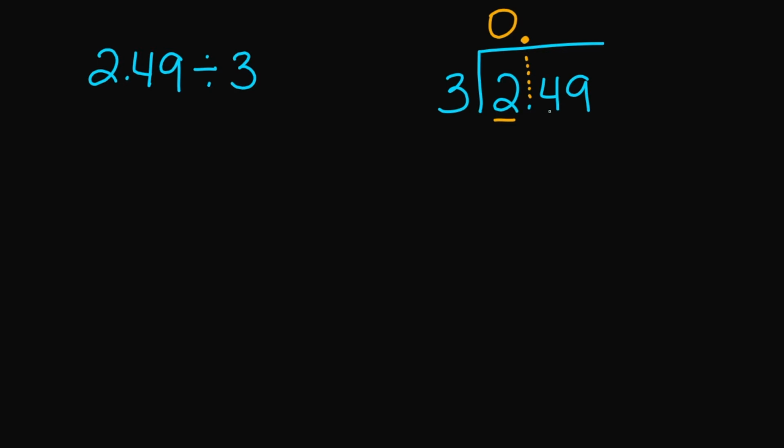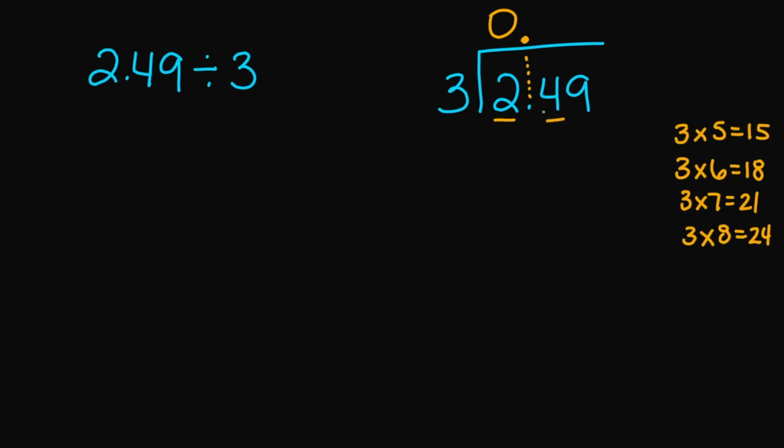Now let's go. 3 goes into 24 now how many times? 3 goes into 24, we have here 8 times. So I'm going to write an 8 on top here. 3 times 8 is 24. 24 minus 24 is going to give us 0. I'm going to bring down my 9. 3 goes into 9 how many times? 3 times 4 is 12.